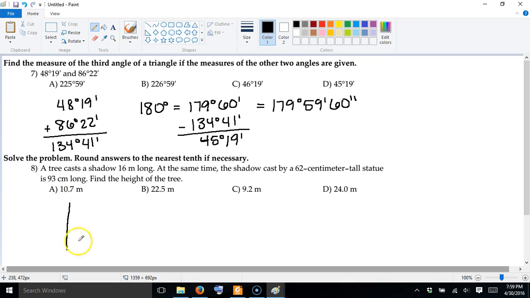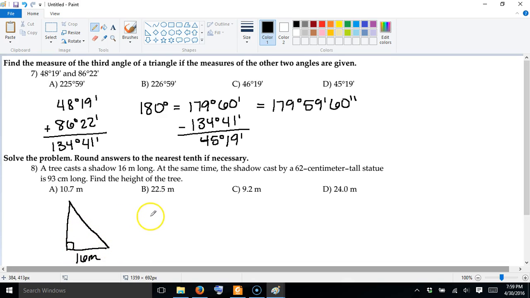So we have this tree that's casting a shadow that is 16 meters long. Okay, and then that's one triangle. It's a right triangle.